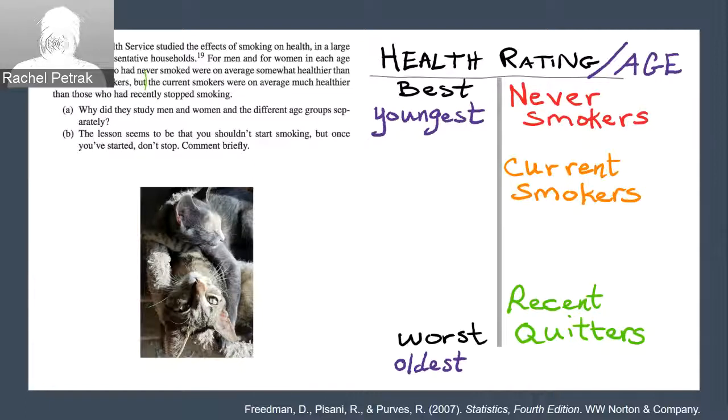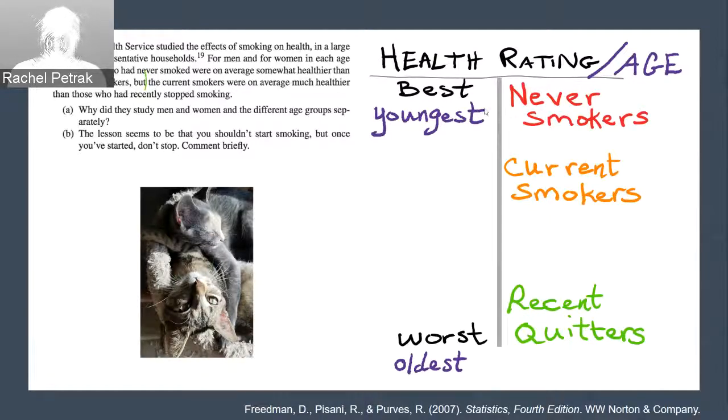These are not the youngest group, but they're still younger than the recent quitters, because as people get older, if they smoked, they're more likely to have become someone who quit smoking. Also, as most of you are probably aware, people often quit smoking multiple times, go back to smoking, or they quit unsuccessfully and then start up again.